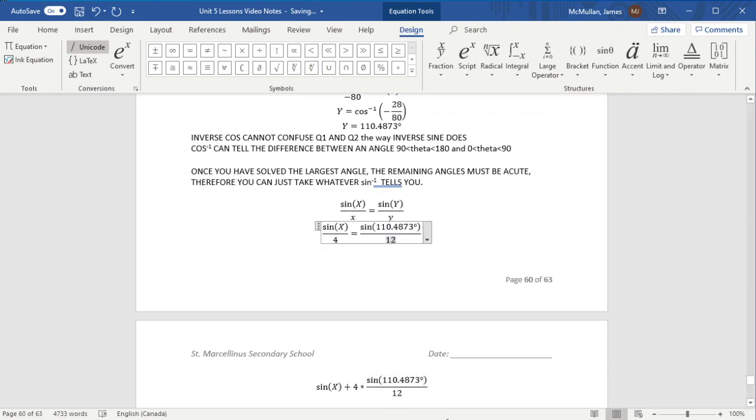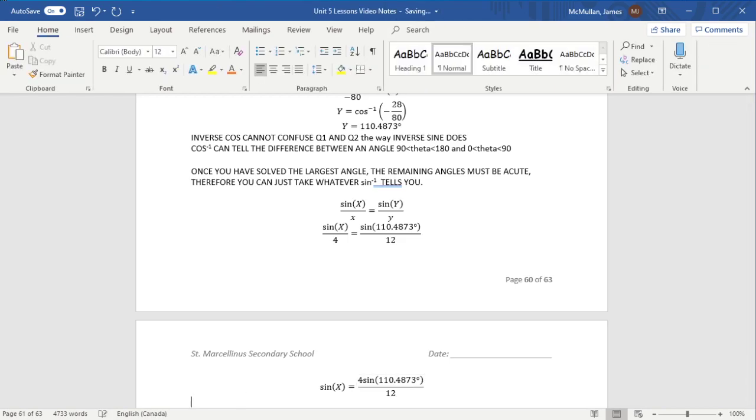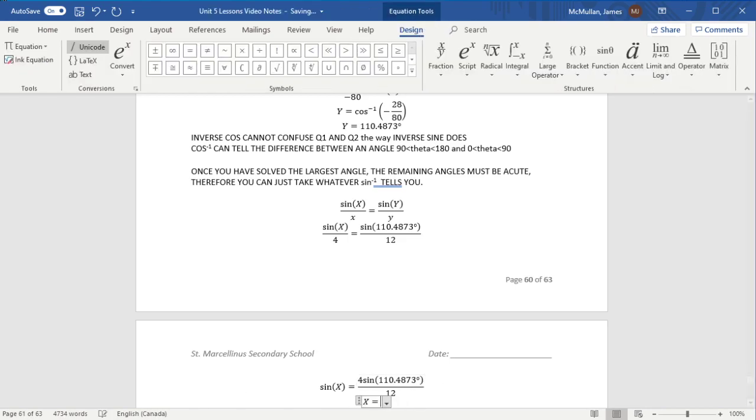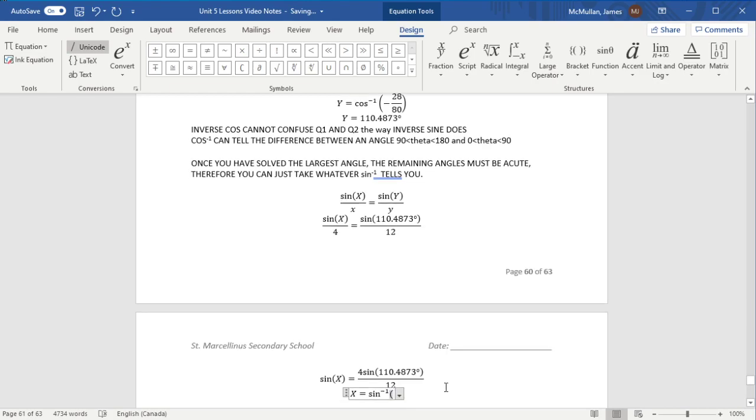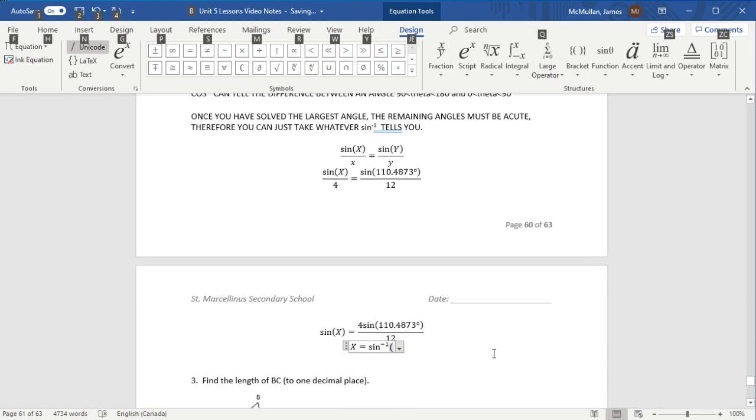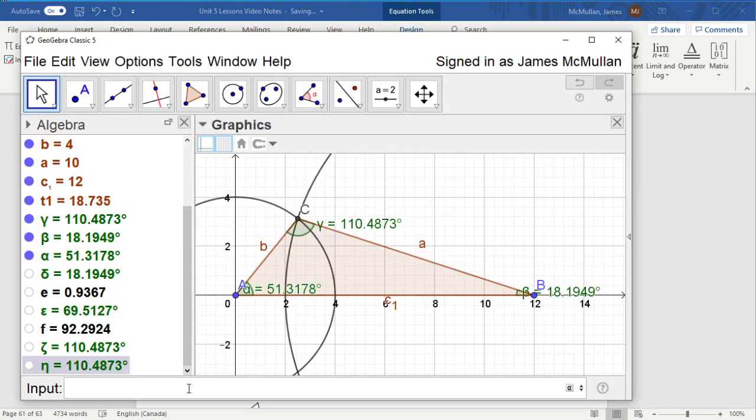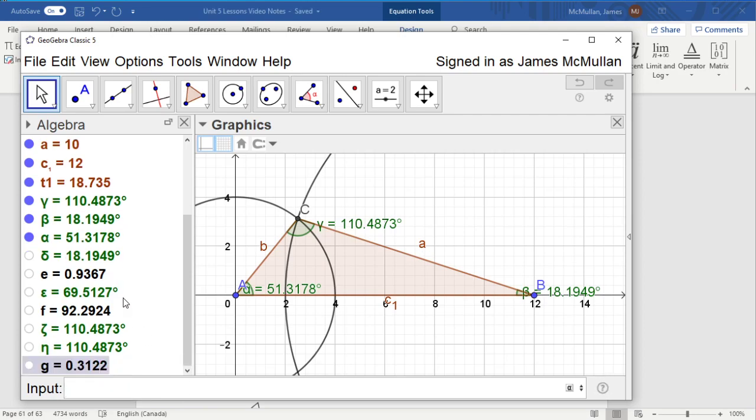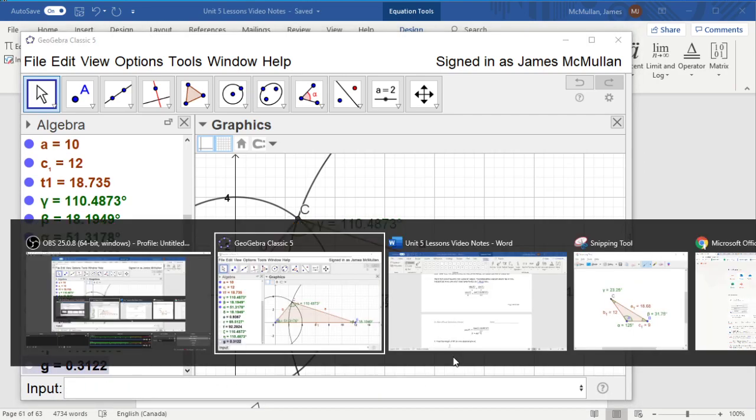And it's not plus, it's equals. And so we find out that x is equal to inverse sine. Let's just calculate what this is. So 4 times sine 110.4873 divided by 12. So 0.3122.